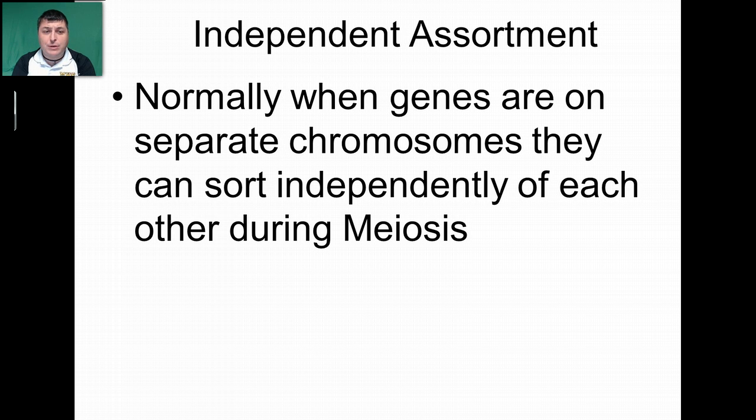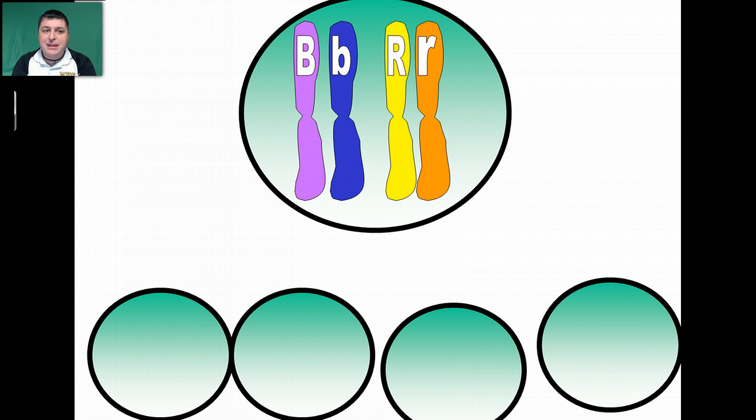Now, normally, when genes are on separate chromosomes, they can sort independently of each other during meiosis. Here we have 4 chromosomes containing the B alleles and R alleles.